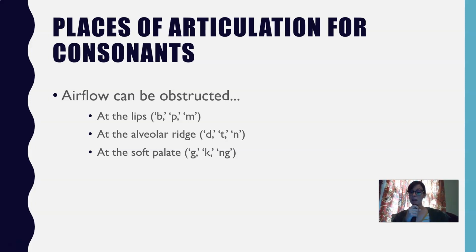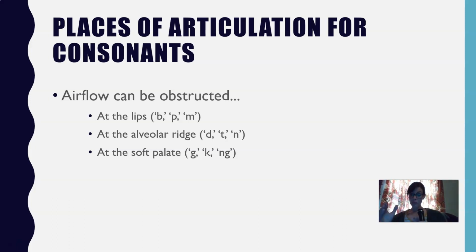We can do P, which is a little bit different. B was a very big movement. P is a smaller movement, still making use of the lips though. And then again, M. So again, airflow is being obstructed in the lips for all of those cases.